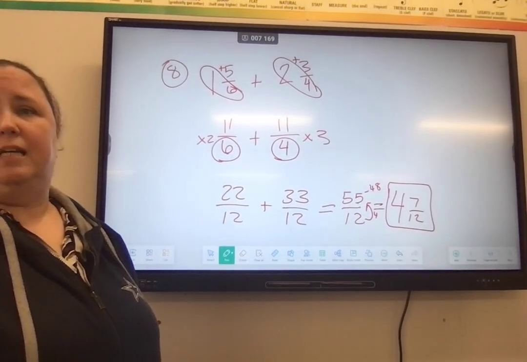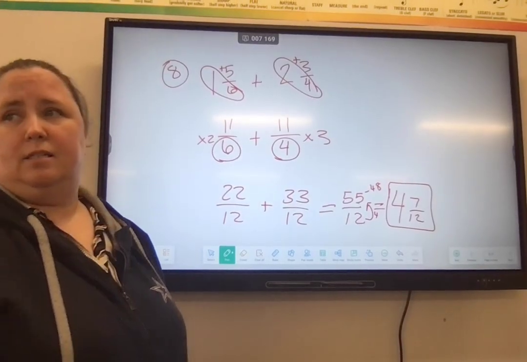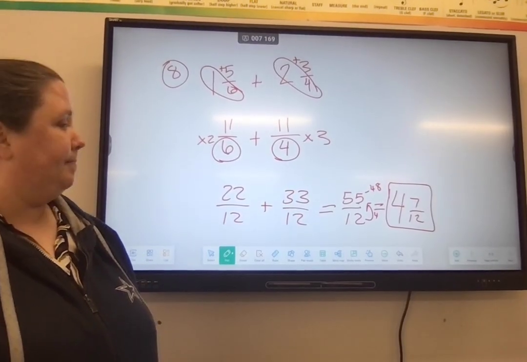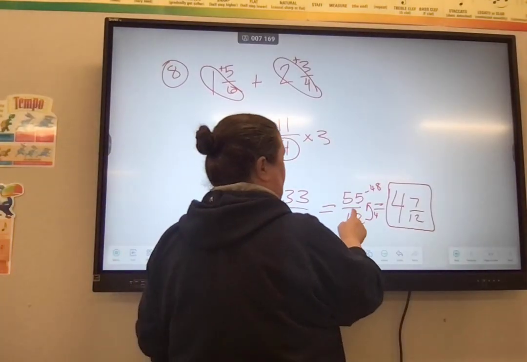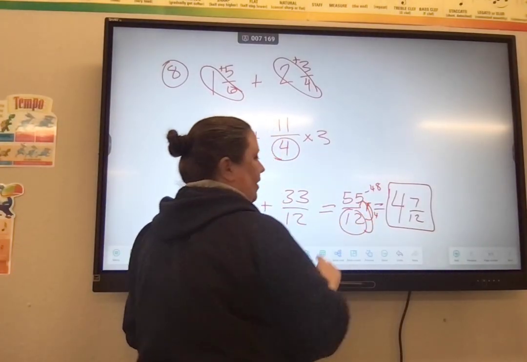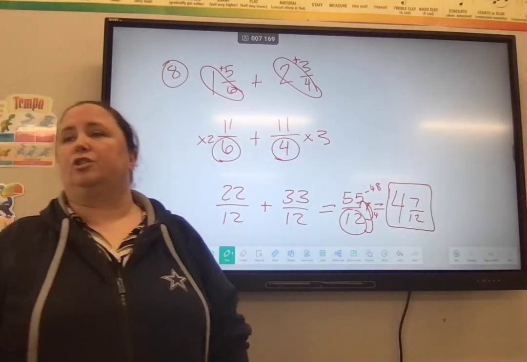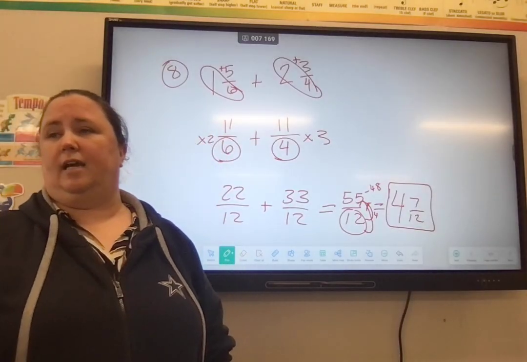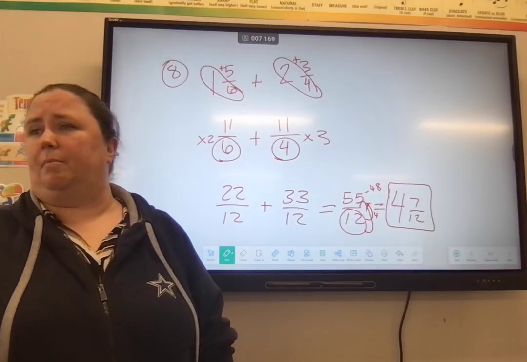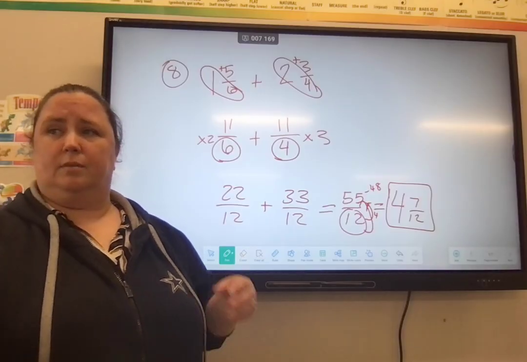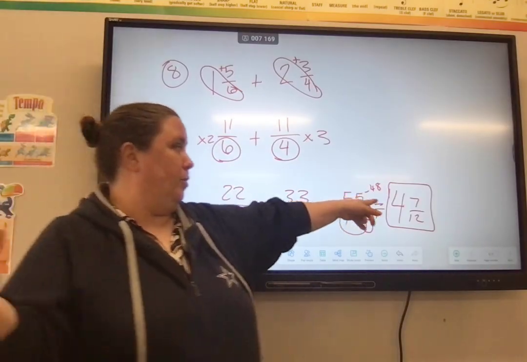So you've had several examples. Any questions on how to do this? Yes, Julie. So did you get the 4 at the beginning? Yeah. So I'm trying to decide how many times 12 can go into 55. If you want to use your calculator, this is one place you can. Do 55 divided by 12 just to see. It's going to come out with 4 point something, so you know it can go 4 times and there's leftover, which is what we want.